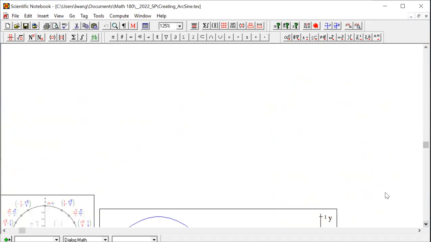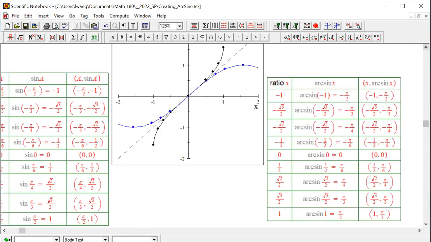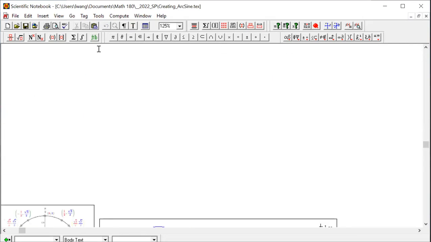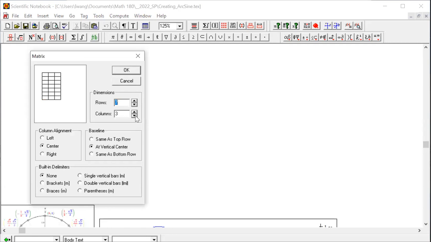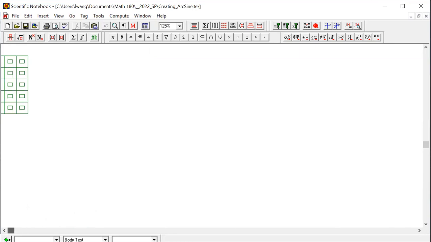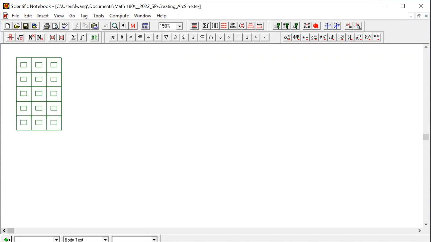So now we have 3 functions in our summary. We don't need so many rows. Sine function, or a, whatever you call it, the input, right?